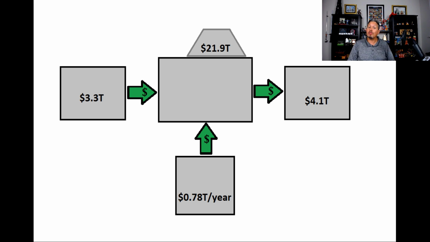We multiplied all of them by 100 million. So now what was your job is 3.3 trillion. Your bills were 4.1 trillion. So you still have the same problem, right? Because it's all relative. You multiplied it by the same number. You now owe 21.9 trillion, and you're putting 0.78 trillion every single year, or 780 billion, on your credit card, right?